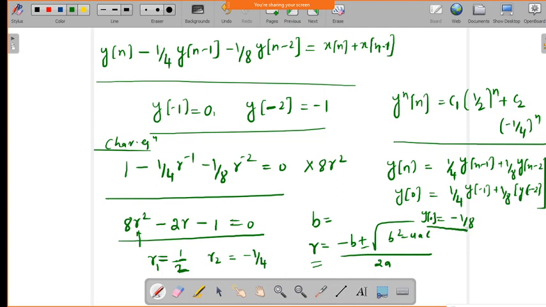Okay. And similarly find out what is y of 1. So put the value of n equal to 1, you will get y of 1.